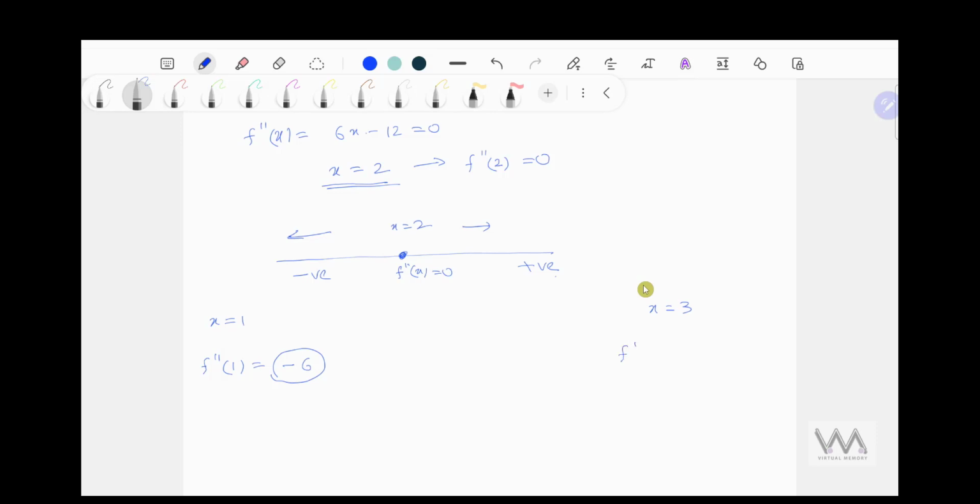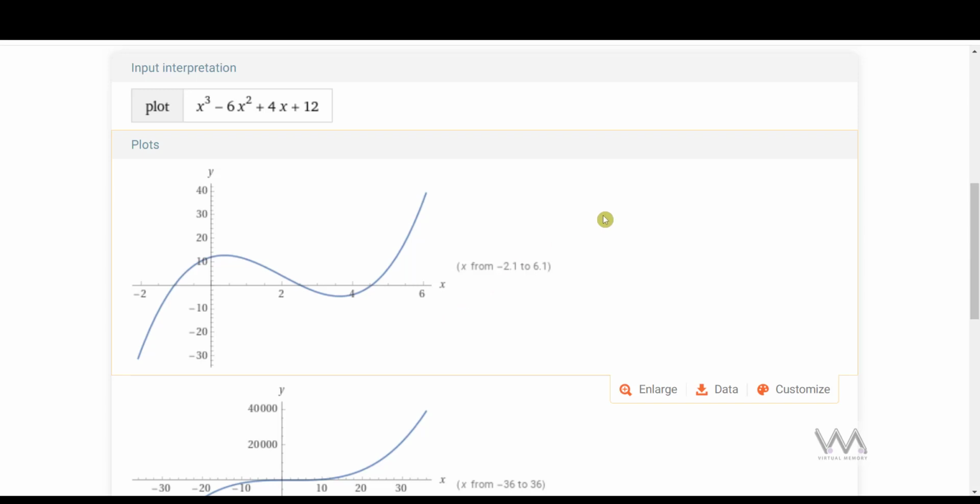For the second derivative at 3, we get 18 minus 12 equal 6, and we see here it's positive, which means x equal 2 is an inflection point. Now if we plot this curve, we see that indeed at x equal 2, it changes from concave down to concave up. So x equal 2 is the inflection point.